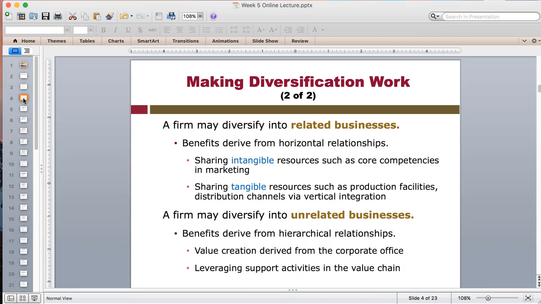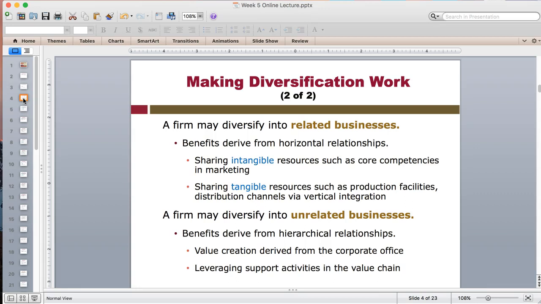You'll go back to our value chain when you think about diversification. A company can diversify into related businesses. And the businesses that we're talking about here, the benefits derive from the horizontal relationship. So if you think back to your value chain and the primary activities of the value chain, those are the horizontal relationship builders.